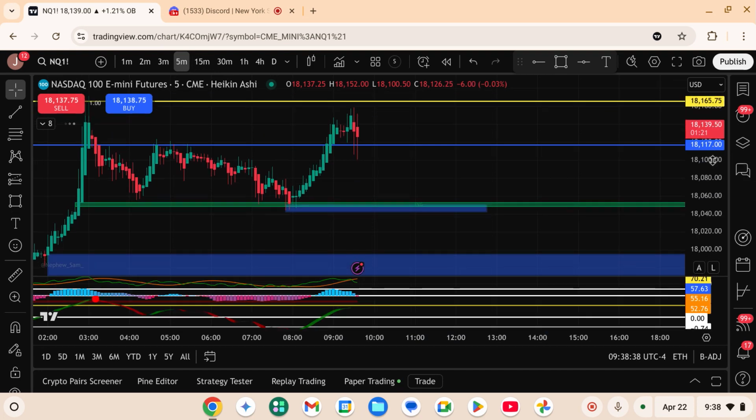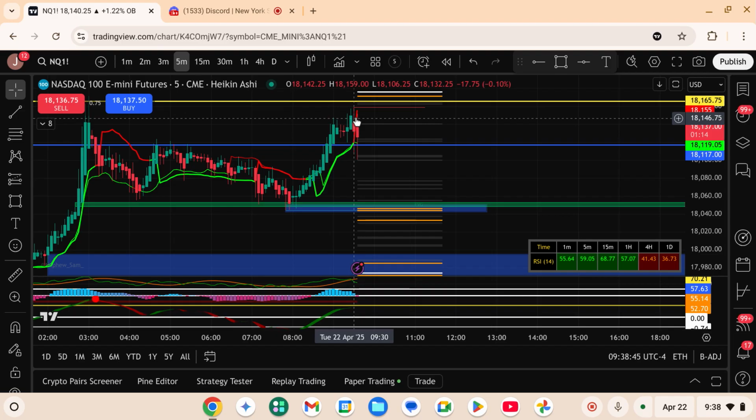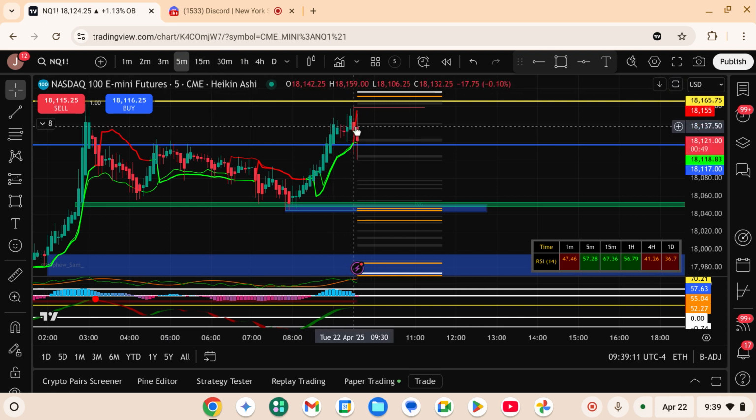It's starting to lag. You see how this one is flipping bearish, and this one is still bullish here. You can avoid getting into a position until this one flips red too on the 5 minute. That's what the settings are specifically for, the 5 minute, 15, and 30 minute. So you could avoid getting into trades unless both of them are in one direction.